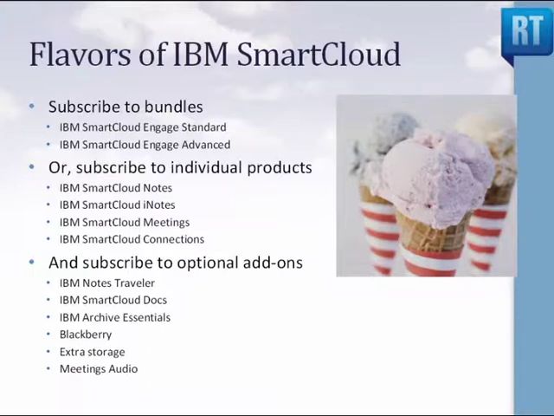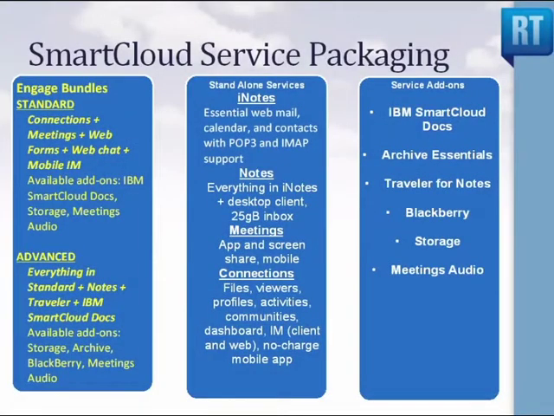In addition to the bundles and the individual products, there are a series of add-ons that you can subscribe to optionally. Here's another slide that describes the services and the bundles individually.